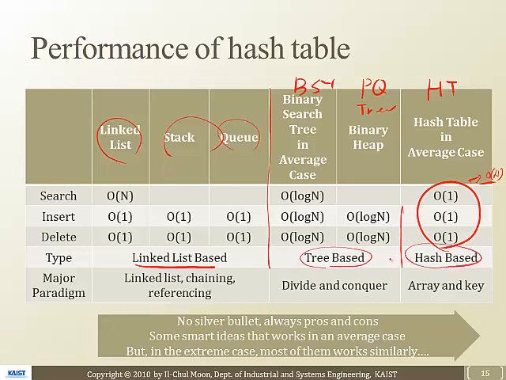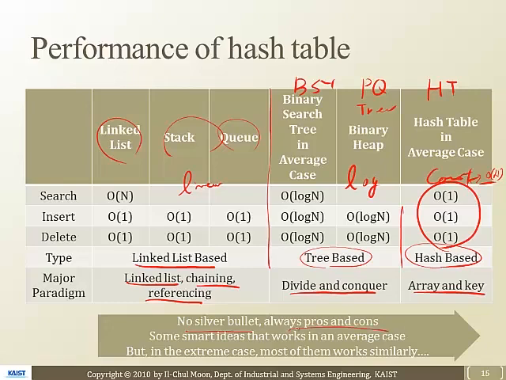And now we talked about the hash. The major paradigm here is the linked list, chaining and referencing. Tree was more like divide and conquer, and hash table was array and queue. This is more like linear search time, this is logarithmic search time, and this is constant search time.